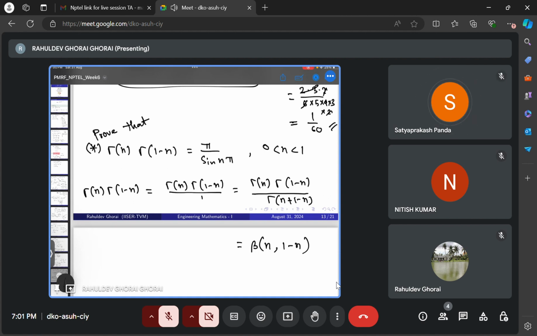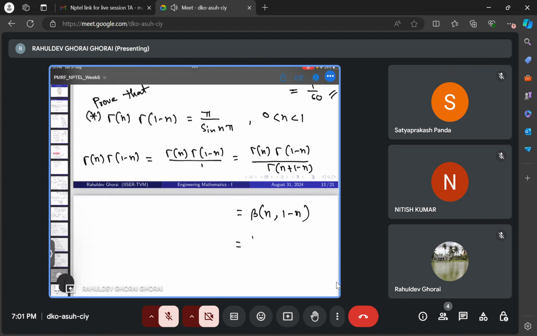Once you say that, that is nothing but the integral from 0 to 1 of x to the power n minus 1, times 1 minus x to the power 1 minus n minus 1. That's your beta function definition.